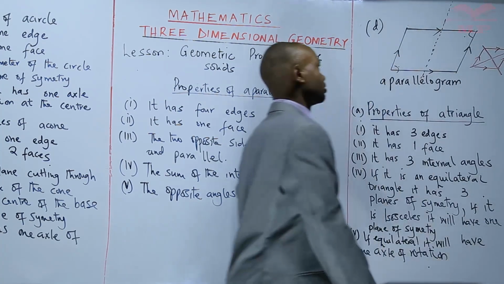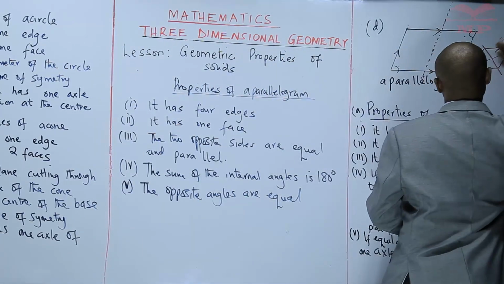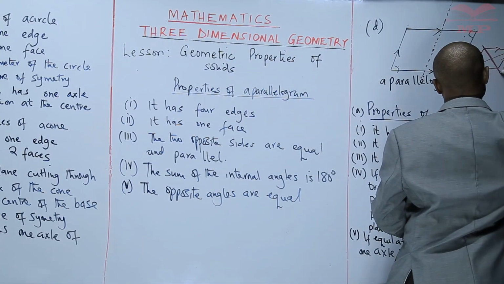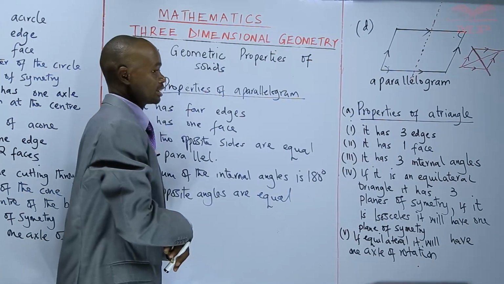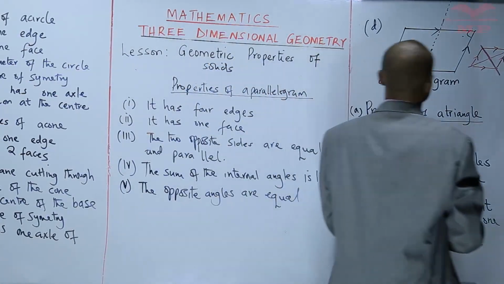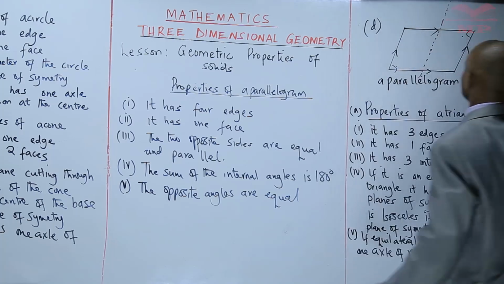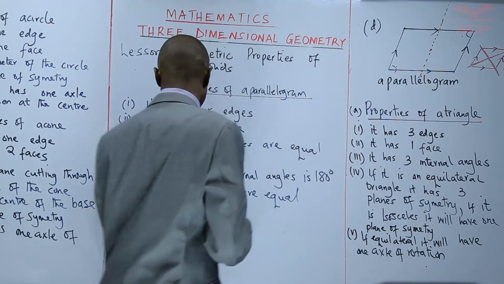Since for a rhombus all the sides are equal, whatever you see on that line, cutting it, the other side should be exactly the same thing you see on this other side. For a rhombus, it will have a particular plane of symmetry.